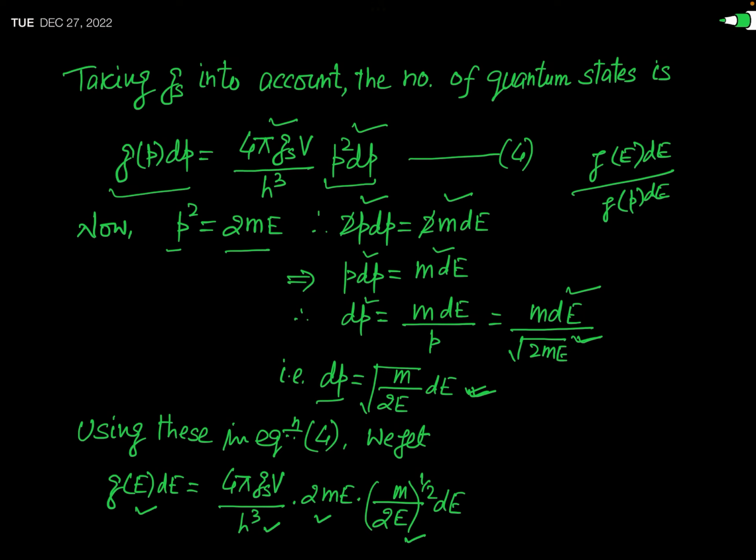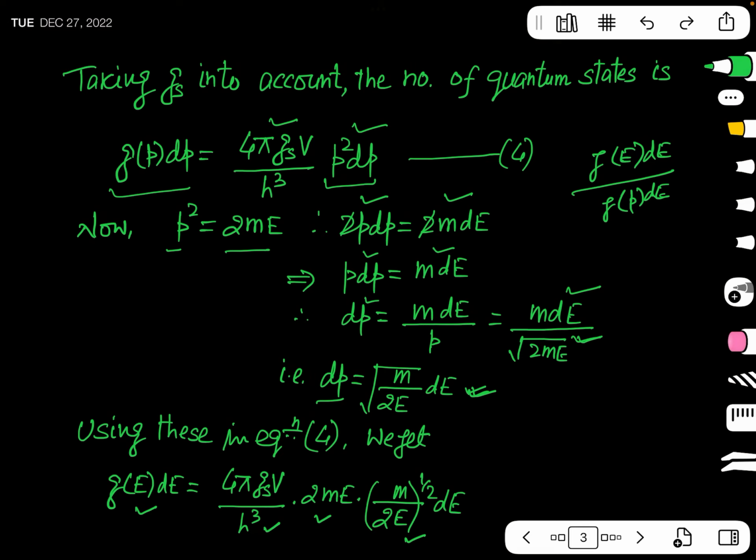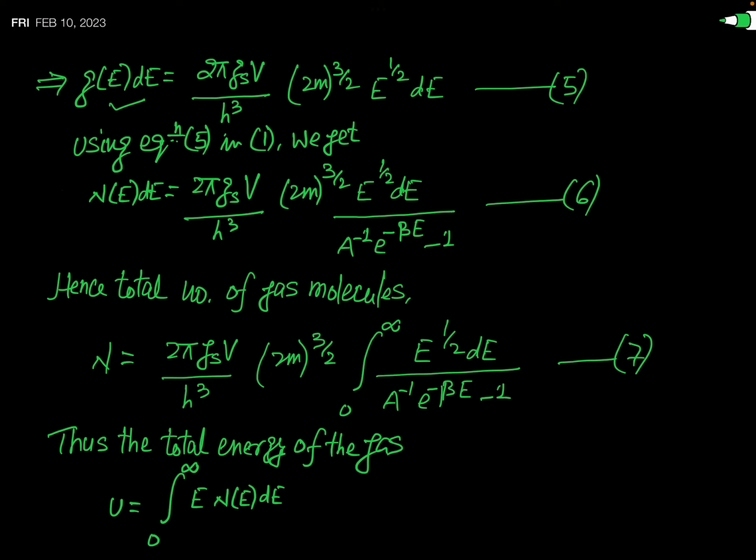And again this root 2 in the denominator will cancel out, and this root E also cancels out. So in the numerator there will be root 2 and root E. So this equation can be written in a simple form like this: G of E dE equal to 2 pi Gs V by h cube times 2m to the power 3 by 2 times E to the power half dE.